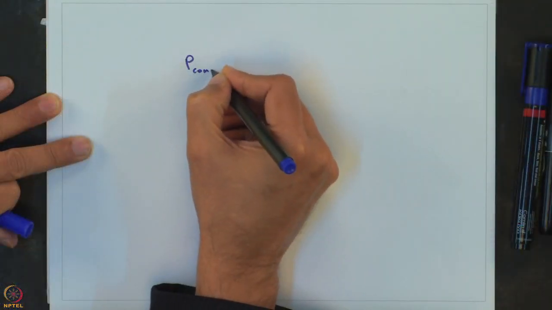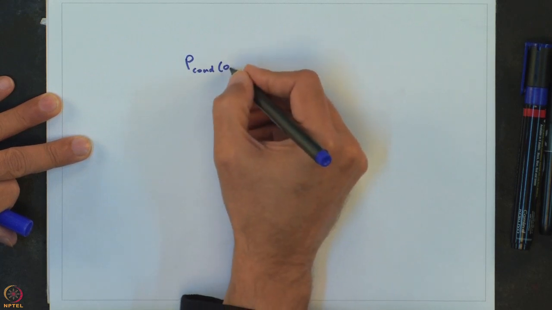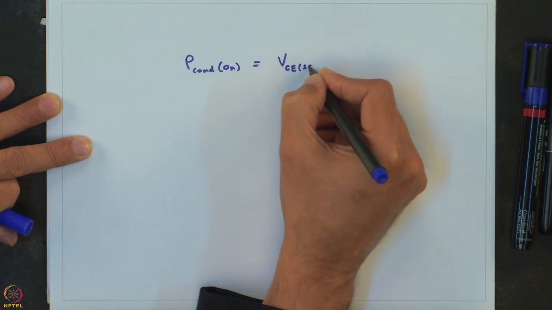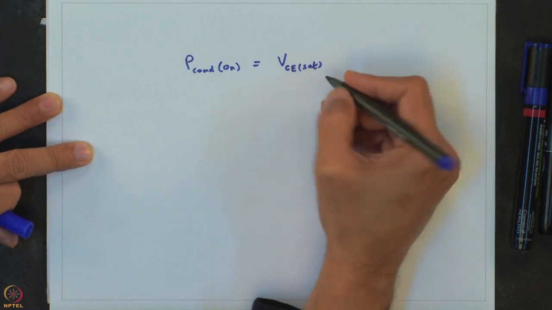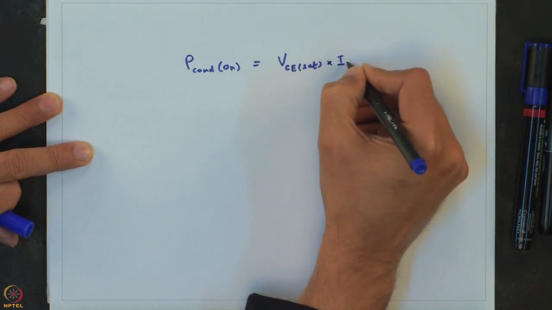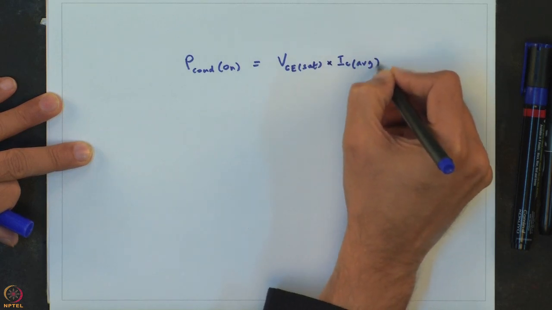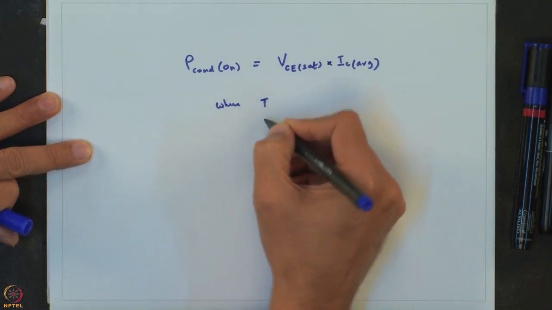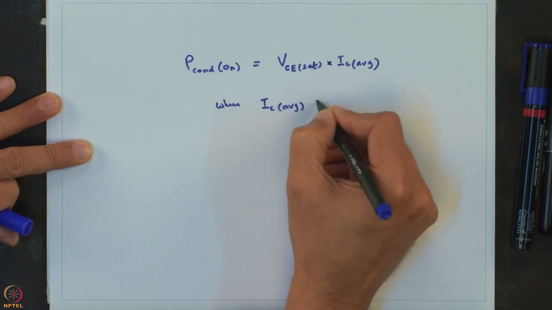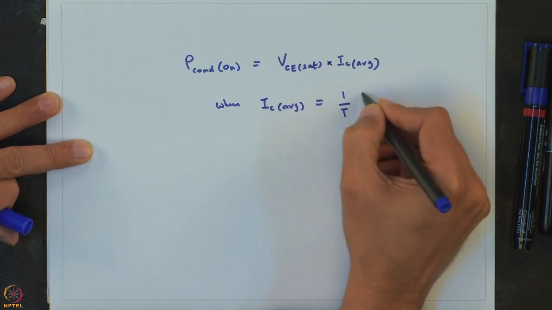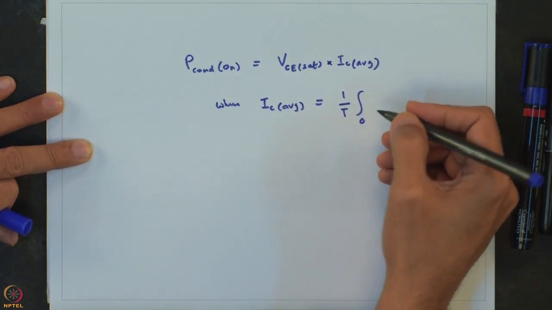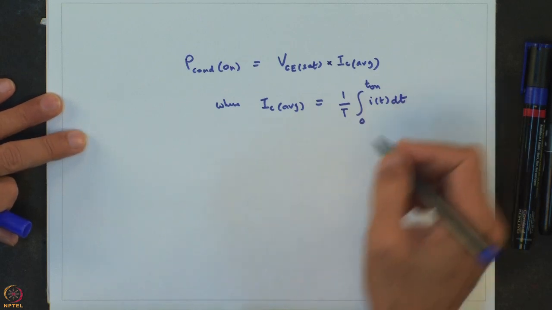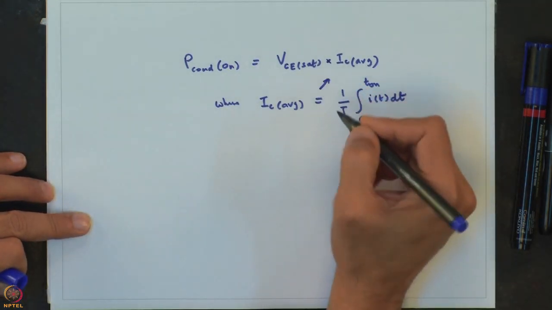So, P conduction during the on time of the device is nothing but the product of the VCE SAT value of the device into the collector current average value or the DC value, where IC average we can write as 1 over T, integral of 0 to T on, I of t dt, and then we can get this value of the P conduction on.